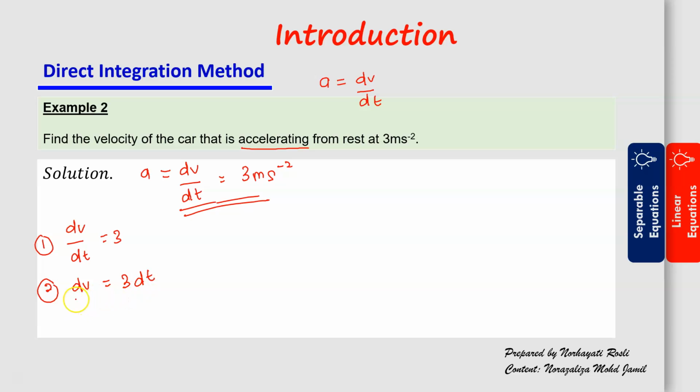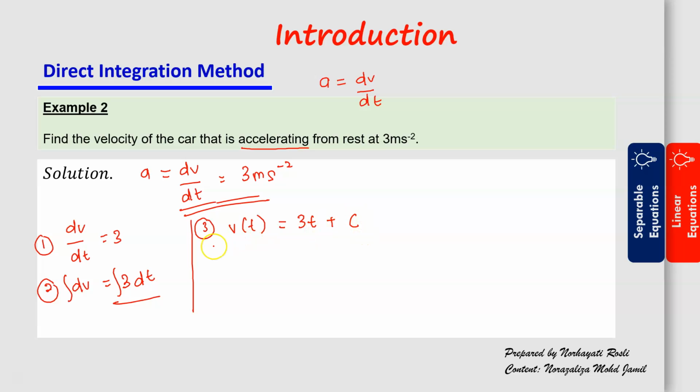And then to get this v, I need to integrate both sides. By integrating both sides, v at time t will be equal to 3t. You integrate this 3 with respect to t, you get 3t plus some constant c.